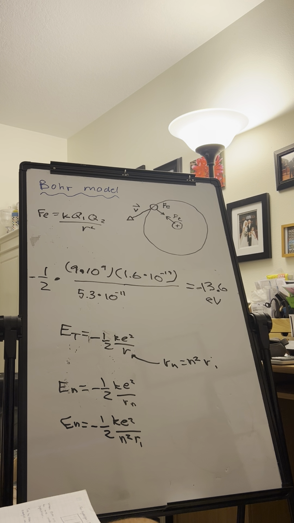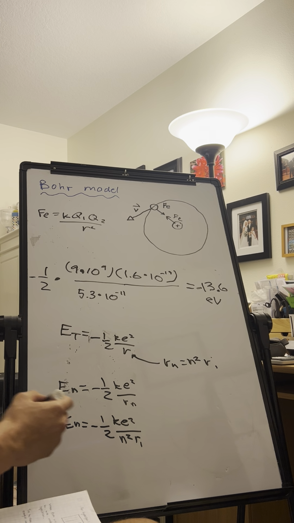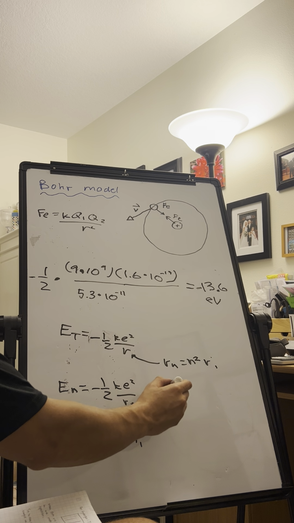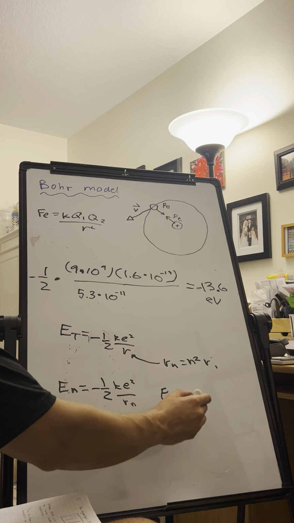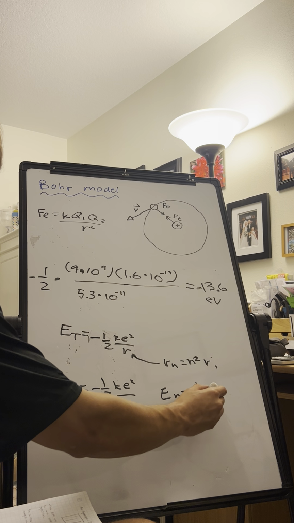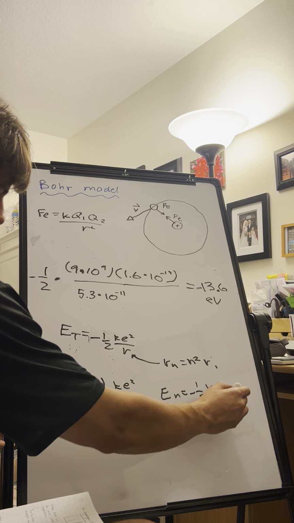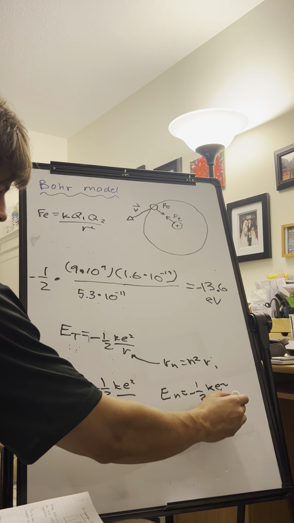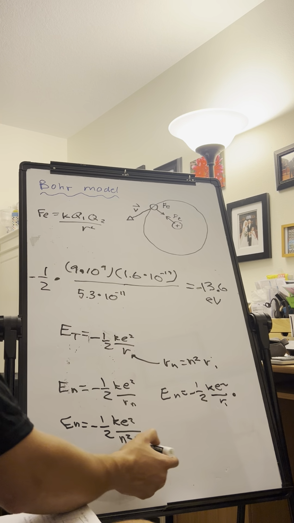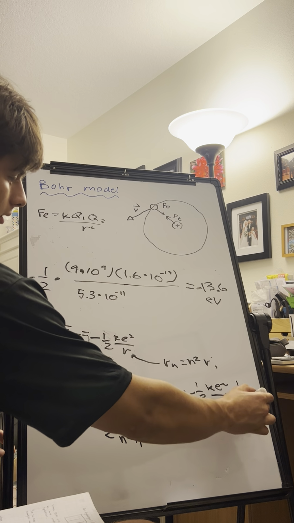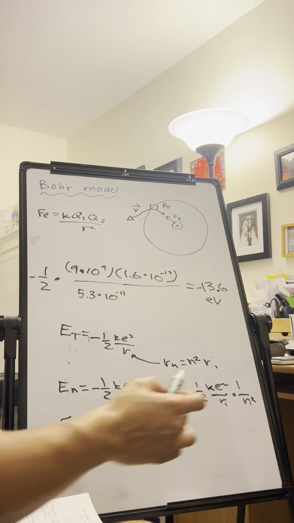Now, what we can do next is factor out n squared. So we'll get En is equal to negative 1/2 ke squared over R1 times what we're factoring out, so 1 over n squared.